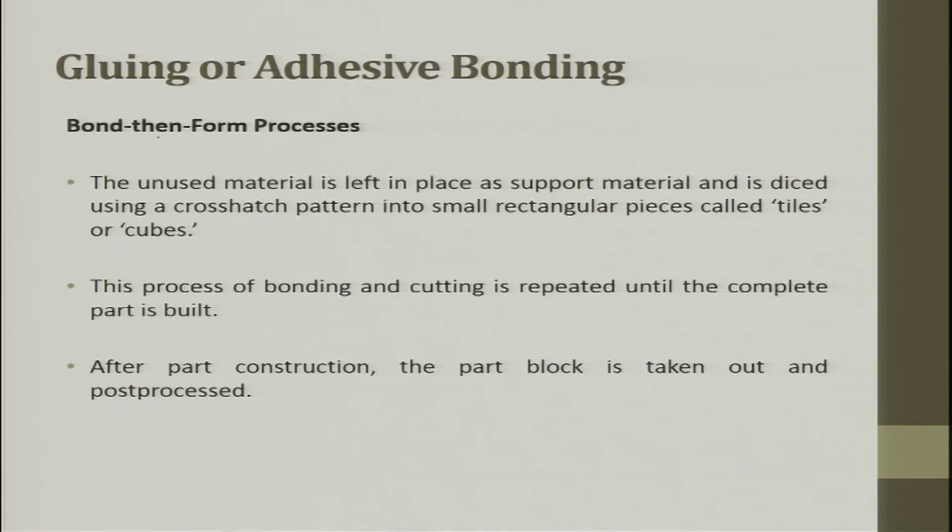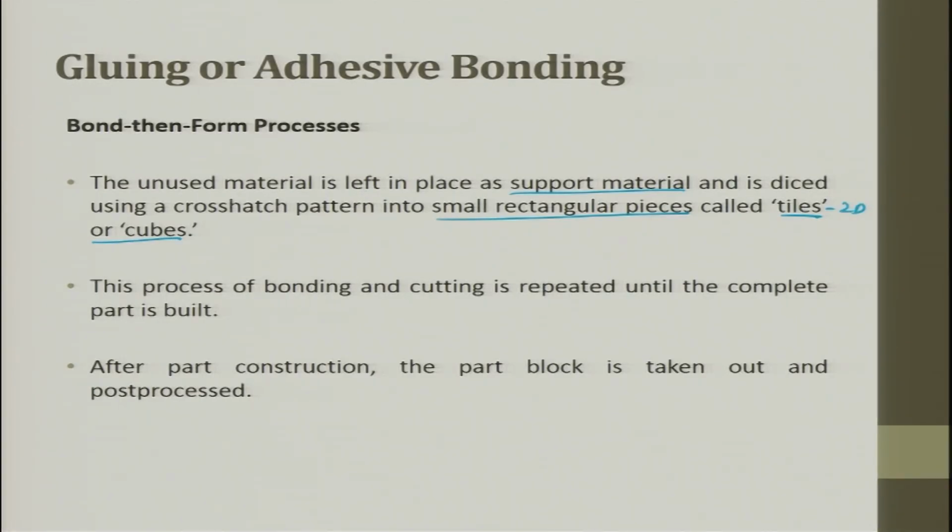So, in the bond-then-form process, the unused material is left in place as supporting material. This is what I said, there is no supporting structure as we use in the FDM process. It is diced using a cross hatch pattern into small rectangular pieces called tiles or cubes.